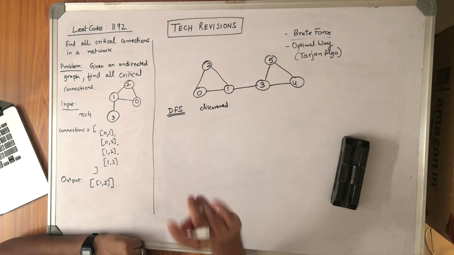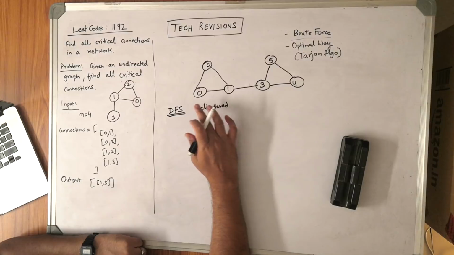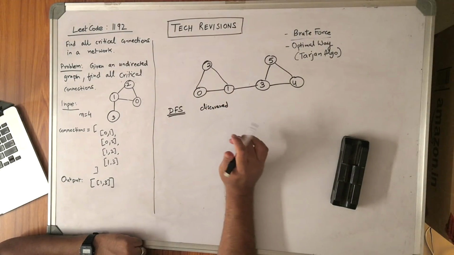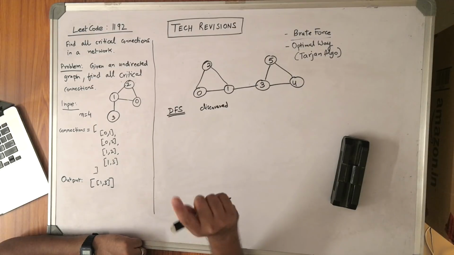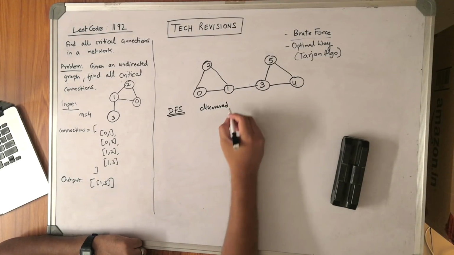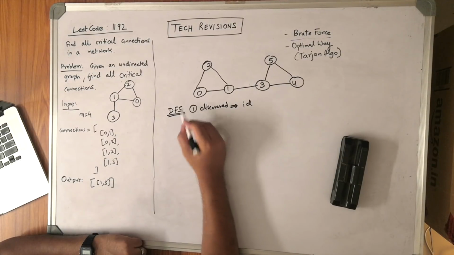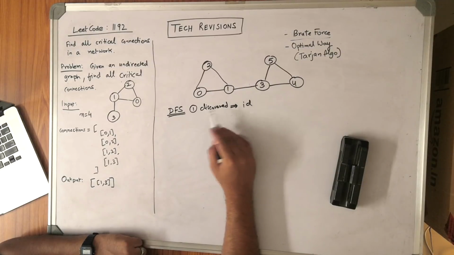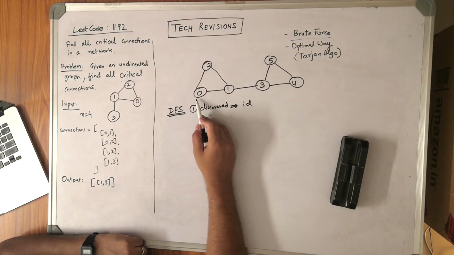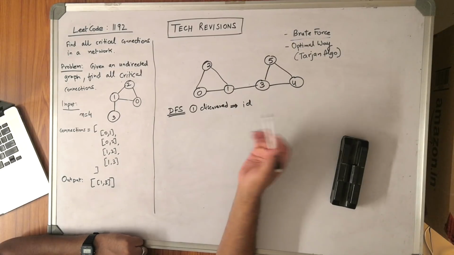While Tarjan's algorithm traverses the graph via DFS, every time a node gets discovered, it assigns an ID to it, on the basis of the order it was discovered. The first node is assigned an ID of 0, the second node an ID of 1, the third node an ID of 2, and so on.